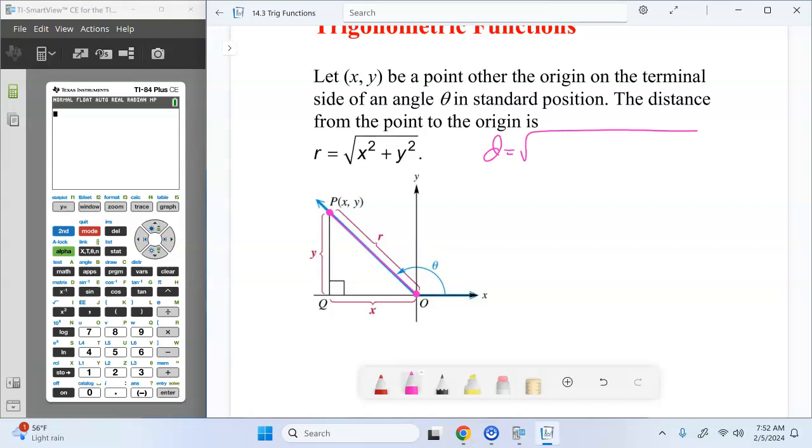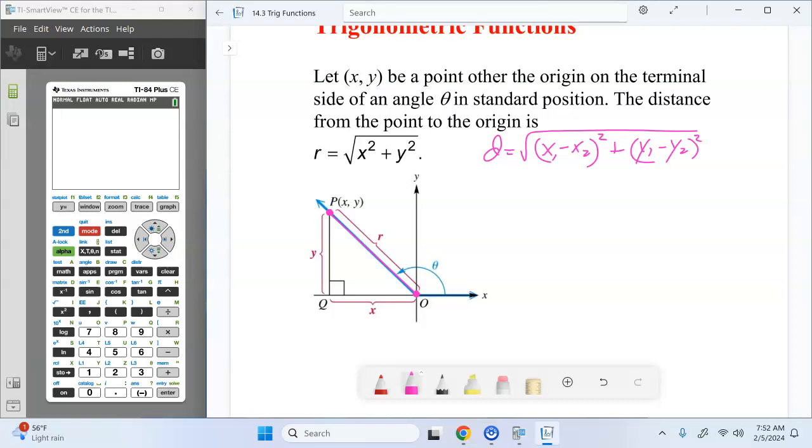Distance formula: square root of (x1 minus x2) squared, plus (y1 minus y2) squared. That's our distance formula, ever since the beginning of algebra. Distance between 2 points: the difference between the x's, the difference between the y's, square them, add them, square root. That's the distance formula.